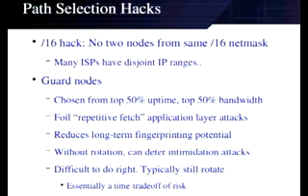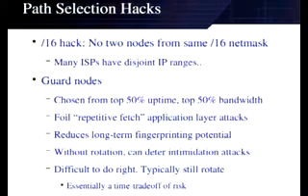So path selection hacks. What sort of things does Tor currently do? The /16 hack is basically the idea that in a single path, don't choose any two nodes from the same /16 net mask, so that presumably an ISP that is surveilling their traffic wouldn't be able to do these correlations.